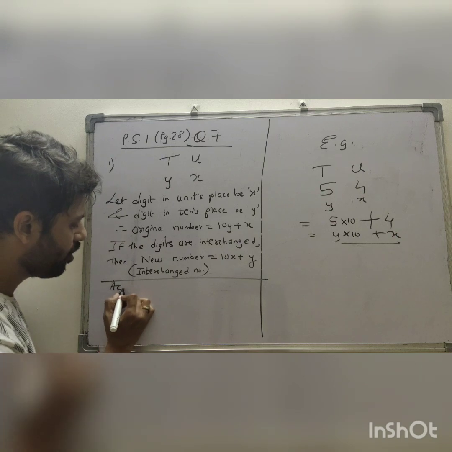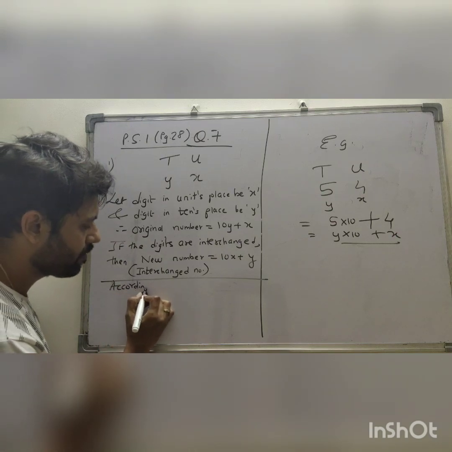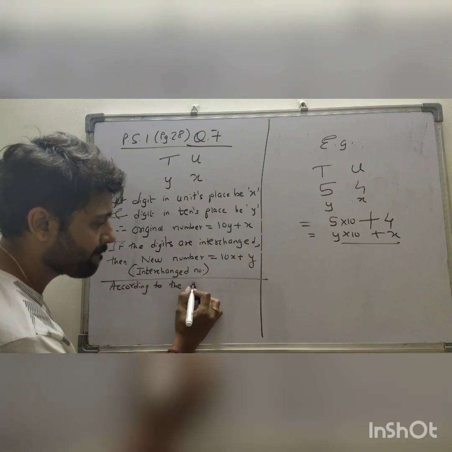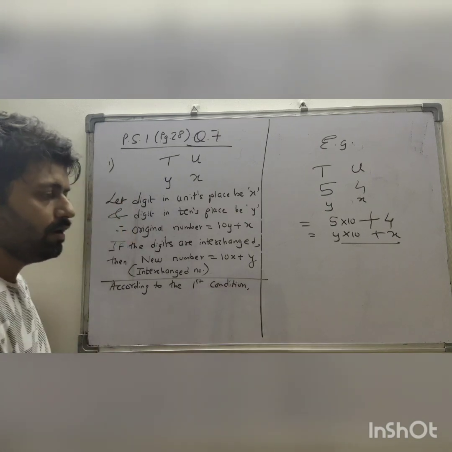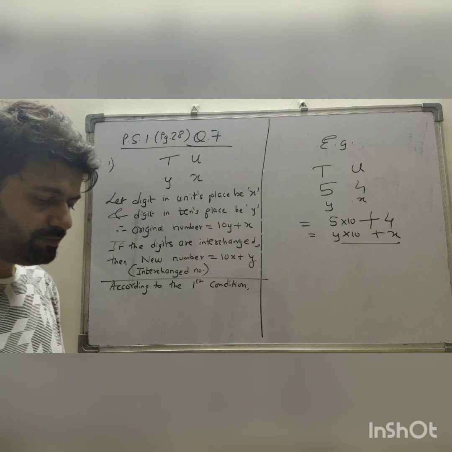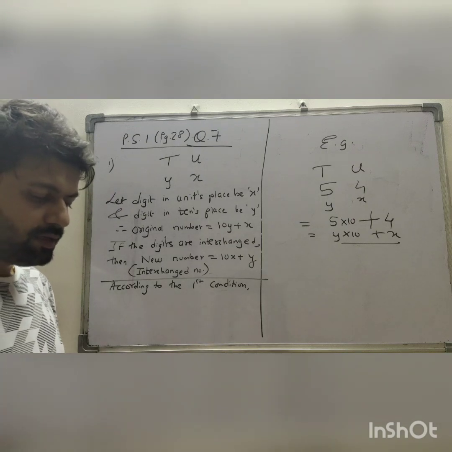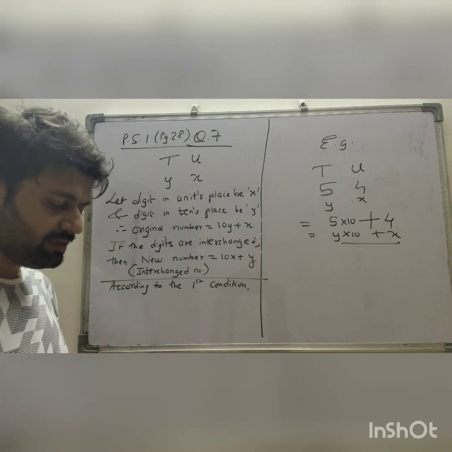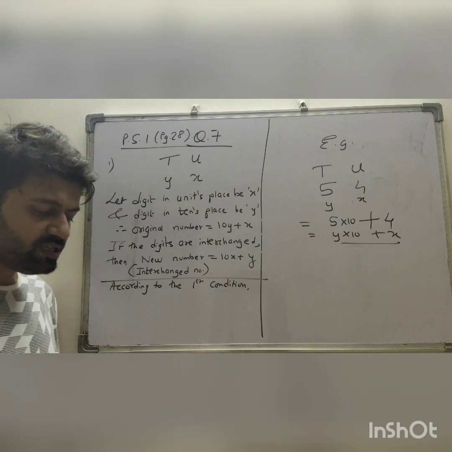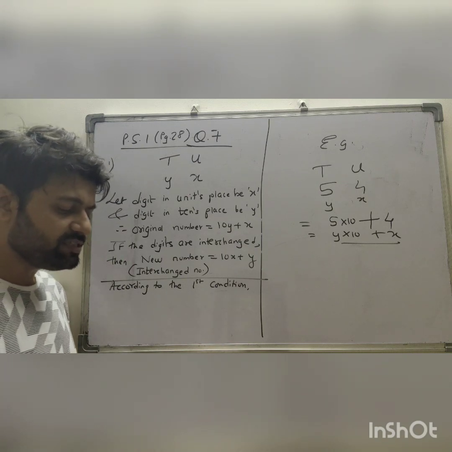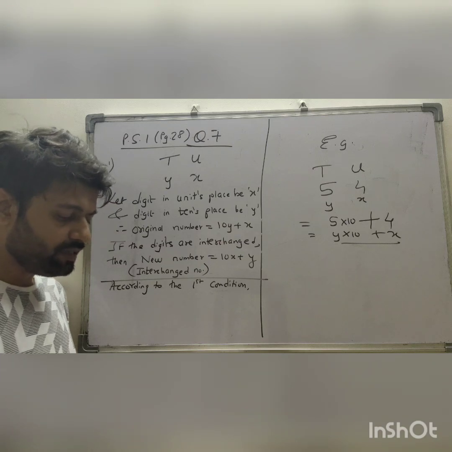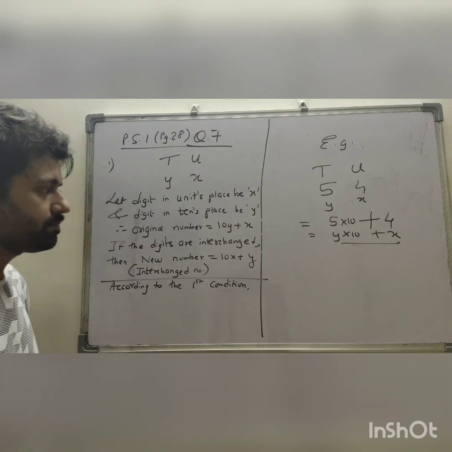Now, according to the first condition, I am reading the first condition. The condition says that a 2-digit number and the number with the digits interchanged, they both add up to 143.